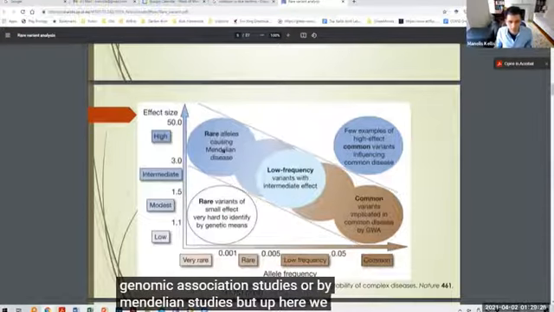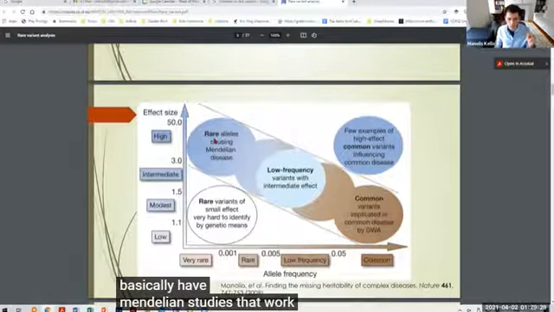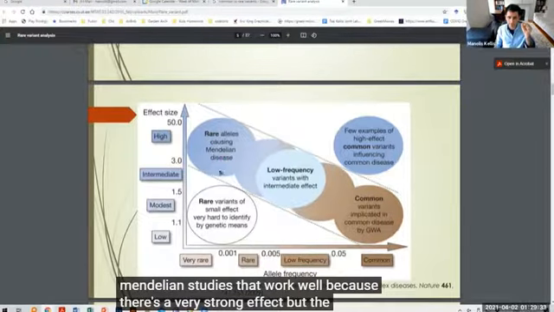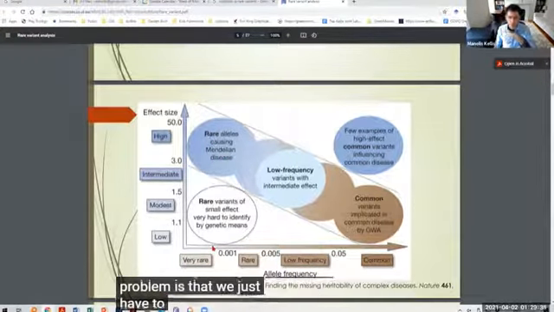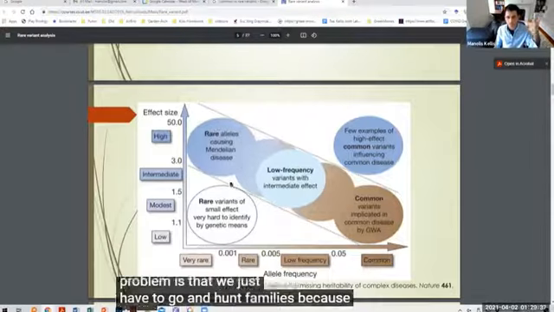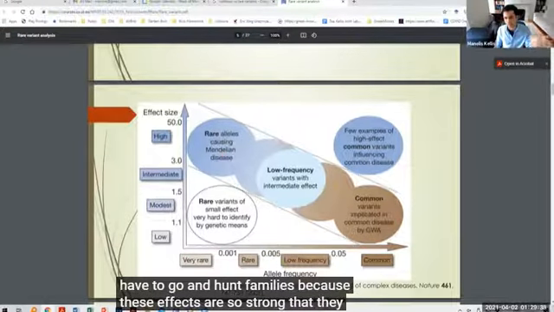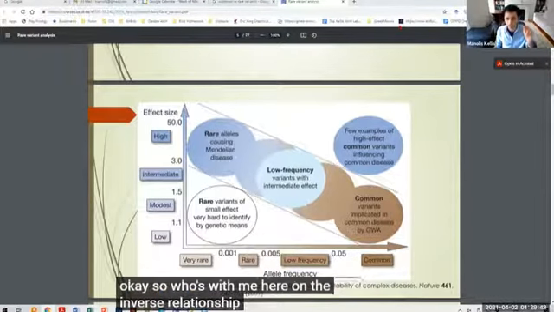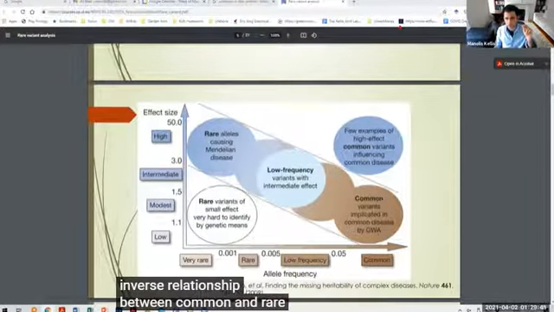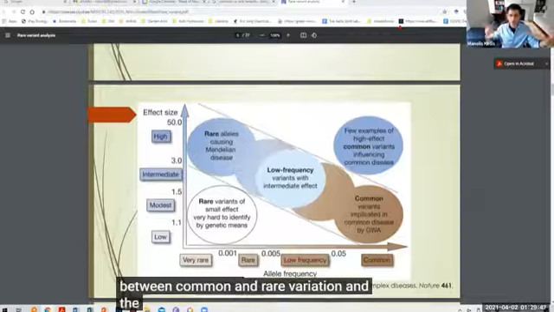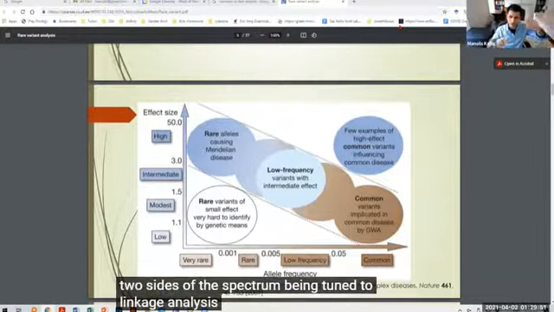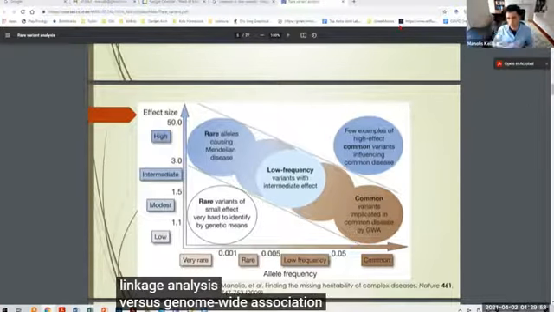But up here, we basically have Mendelian studies that work well because there's a very strong effect. But the problem is that we just have to go and hunt families because these effects are so strong that these variants are simply not common. Okay, so who's with me here on the inverse relationship between common and rare variation and the two sides of the spectrum being tuned to linkage analysis versus genome-wide association studies?